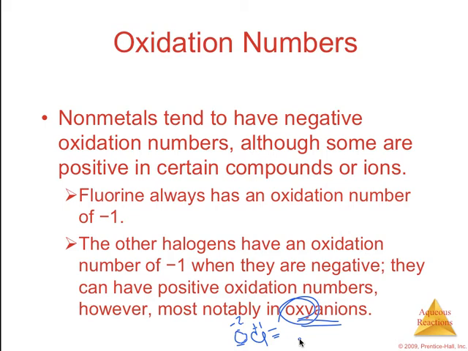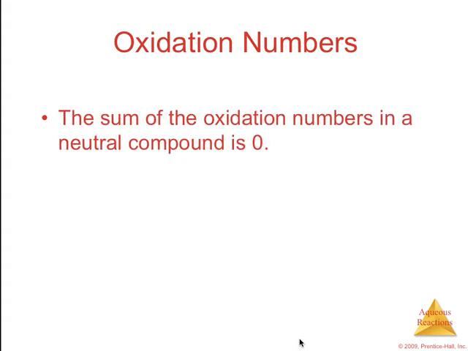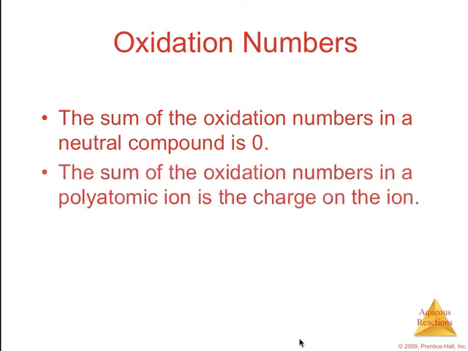And we'll look at several examples of assigning oxidation numbers. The sum of the oxidation numbers in a neutral compound is 0. And the sum of the oxidation numbers in a polyatomic ion is the charge on the ion. So let's look at a couple of examples.